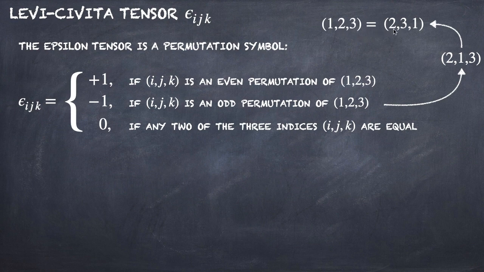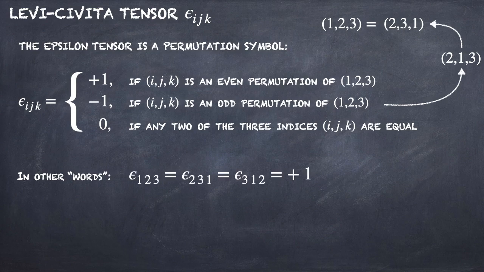The epsilon is invariant under cyclic permutation. So 1, 2, 3, the next one is going to be 1, and then 2, 3. So you have here 2, 3, 1, the next one is going to be 2. These are cyclic permutations of each other, so they are equal, this being an even permutation of 1, 2, 3. So an epsilon with this sequence is going to be +1.